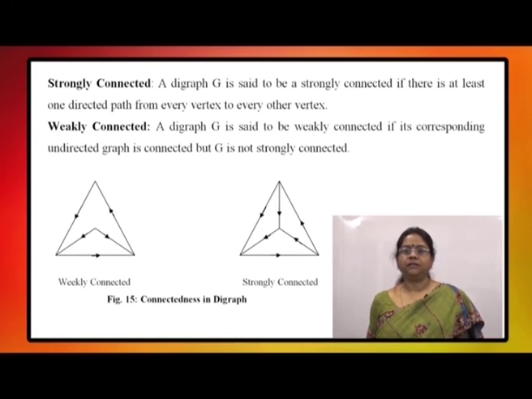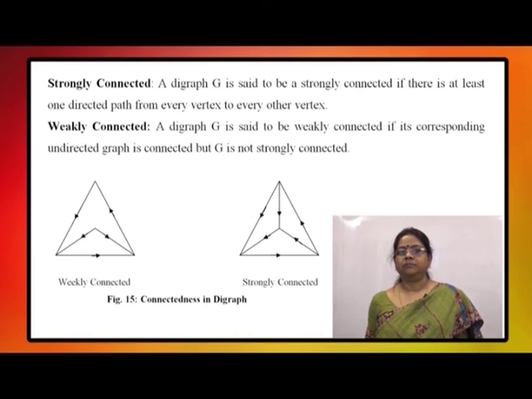In figure 15, we can see two graphs. The right hand side is a strongly connected graph. There are four vertices, and between any pair of vertices there is a directed path.